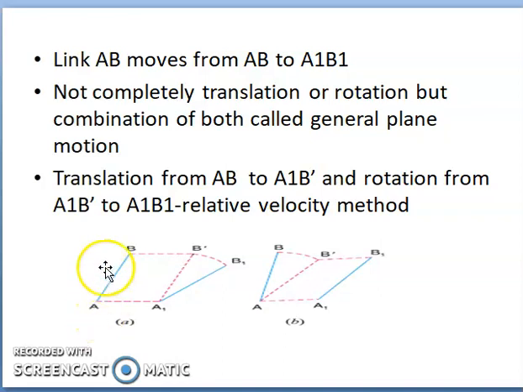That is, the link moves from the position AB to the position A1 B dash by translation, that is by linear motion, and with A1 as center, the point B dash moves to the position B1. So you can say that B1 moves relative to A1. If we proceed along these lines, then it is called the relative velocity method.